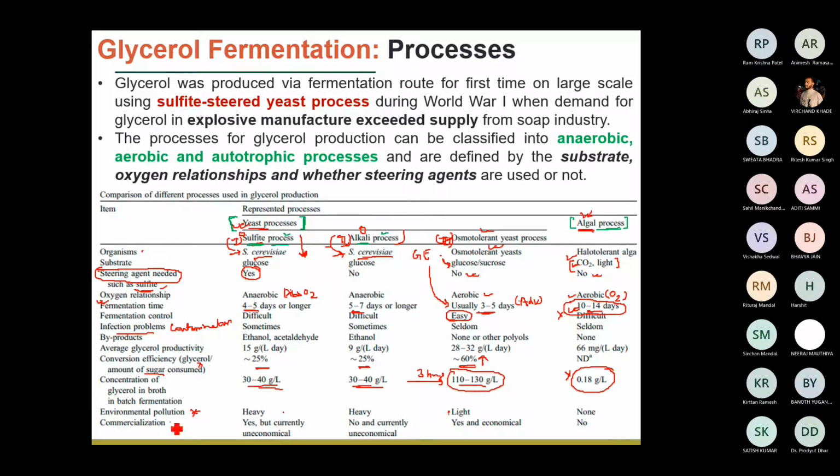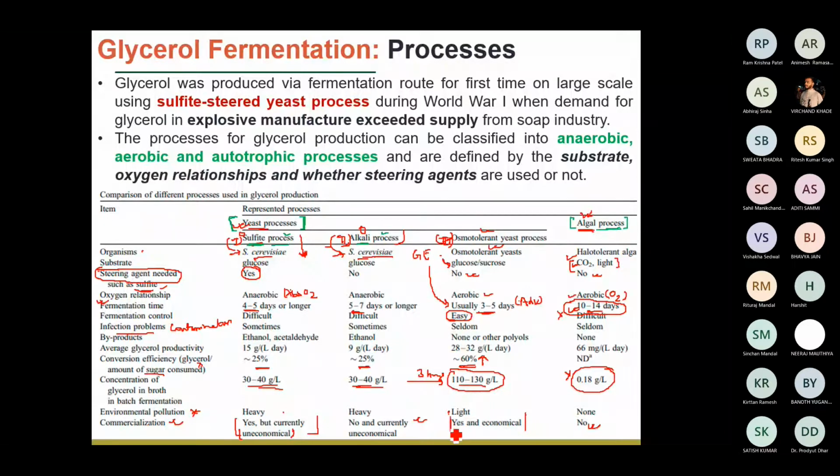Like we already discussed the commercialization, the sulfide process has been widely commercialized, but the challenge is that it is still uneconomical. The alkali process has not yet been commercialized, and neither has the algal process, because of the high fermentation time and low productivity. However, the genetically engineered osmotolerant yeast processes have been commercialized, and they are found to be economical.